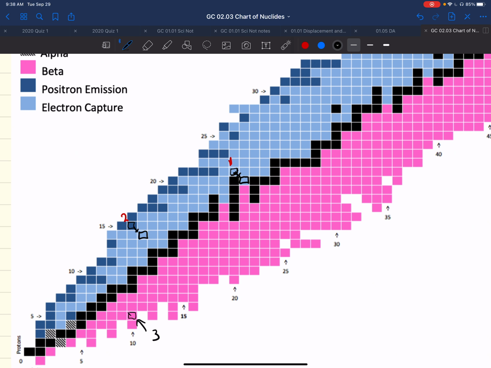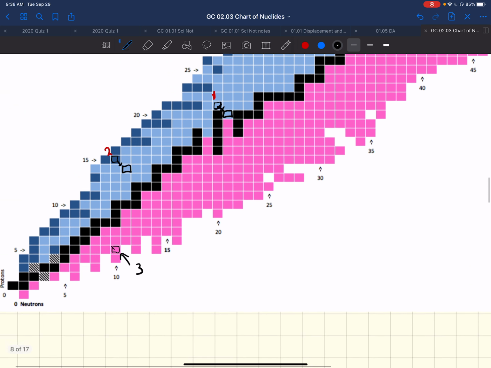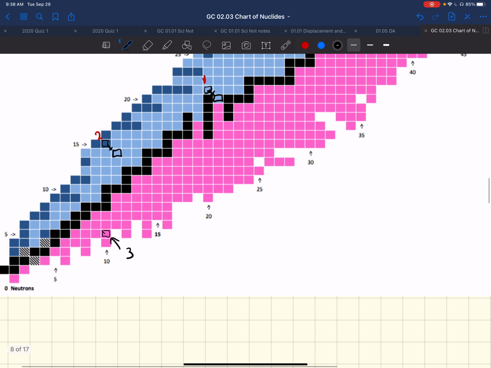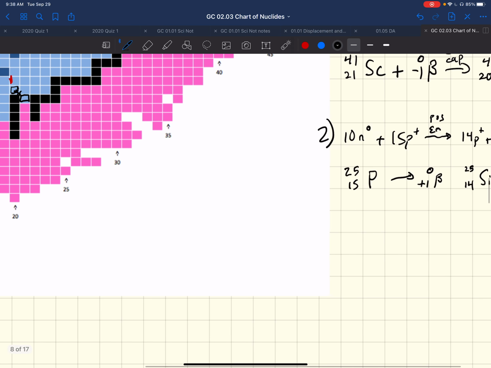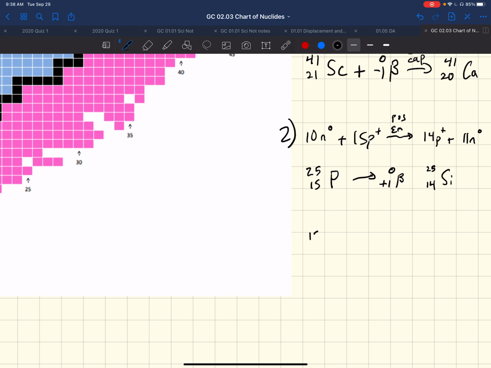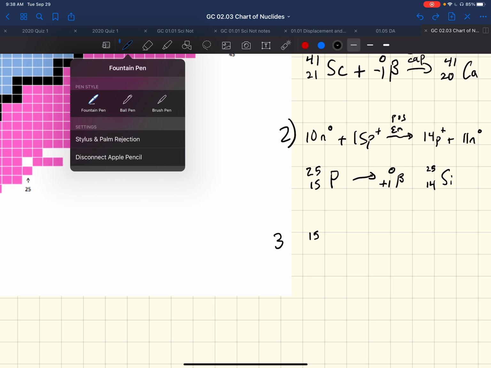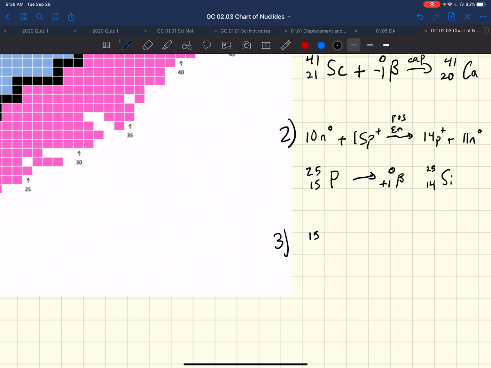Pause the video, see if you can write out the equation for this beta decay. So this isotope has 5 protons and 10 neutrons, which means it's 15 over 5, that's a boron.